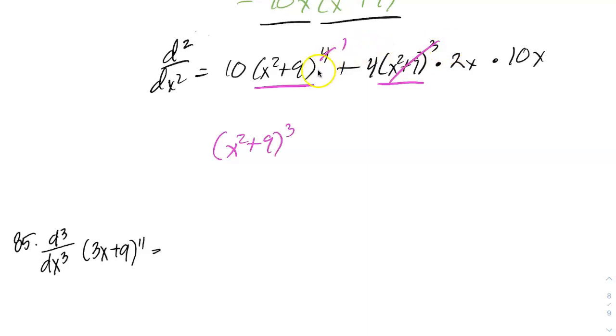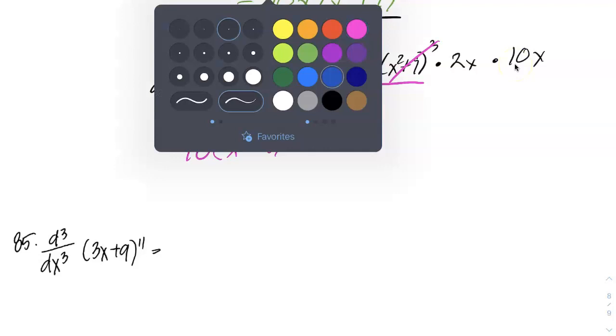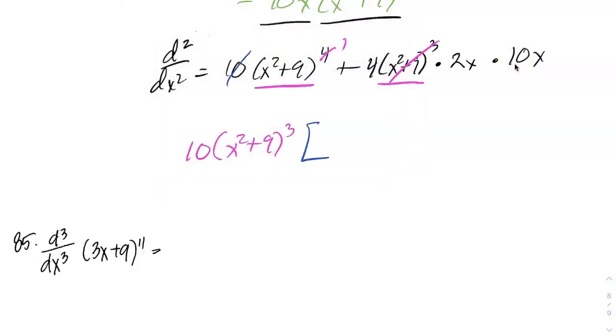Now, do they have anything else in common? Well, this has a 10 in front, and this has a 10. So we factor out a 10. And then what's left over? That's gone, that's gone. On this left side, I have x squared plus 9. Plus, on this side, I have 4 and 2x, that's 8x. Some people put parentheses here that you could, but all you're doing here is adding now.